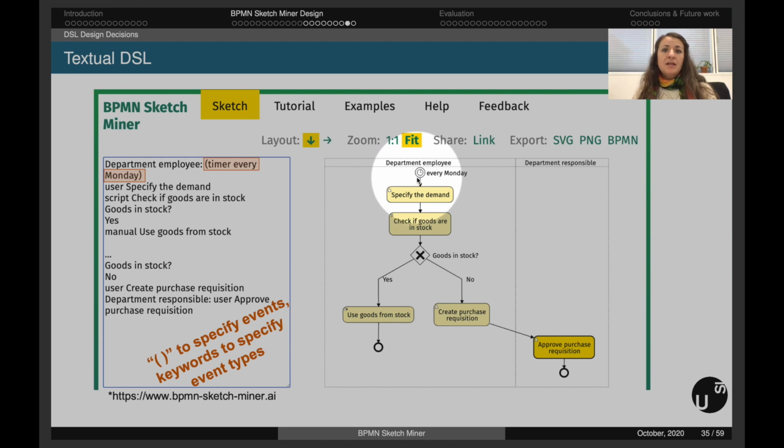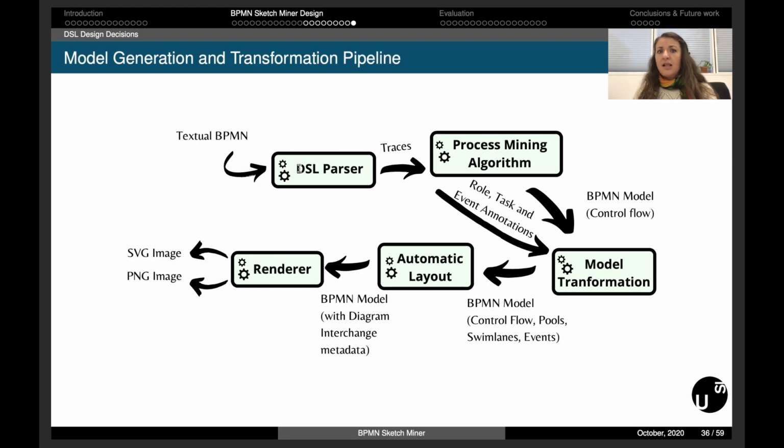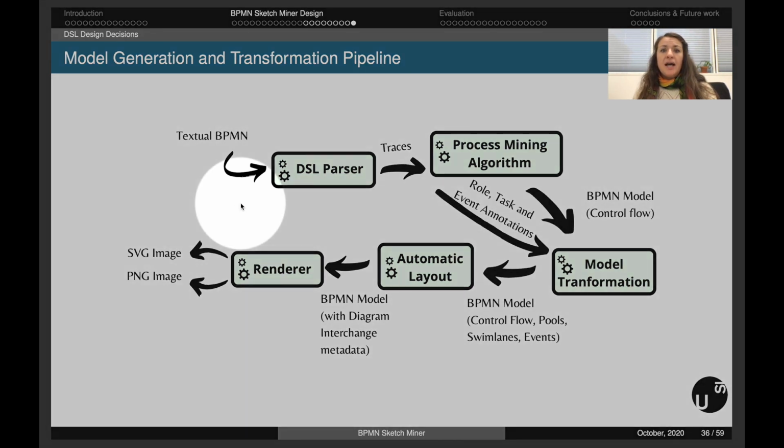What happens behind the scenes is basically this textual DSL is parsed and traces are generated, which are then fed into the process mining algorithm, which creates the control flow of the graph, so the nodes and the edges.